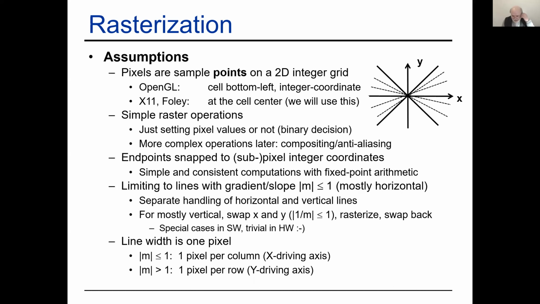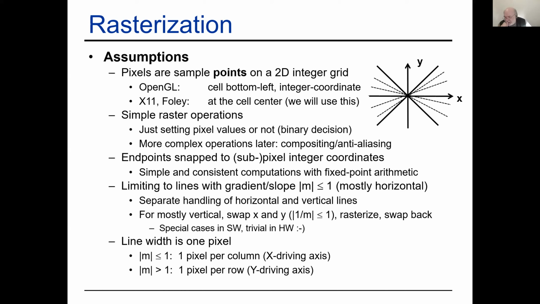So for the following discussions, we make a number of simplifications. We are not considering pixels as areas, but we're considering pixels as samples. So they're infinitely small, zero-dimensional entities, points on an integer grid. Every pixel is described by an integer coordinate in x and y.